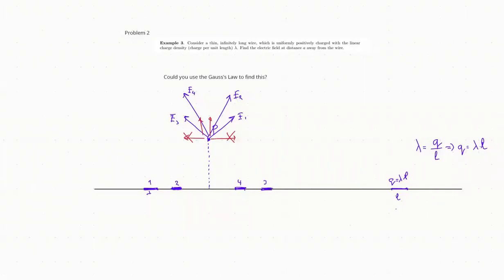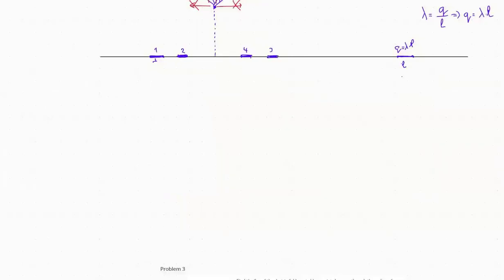Because the wire is infinitely long, if some part of the wire produces a horizontal component, there is a symmetrical piece of wire which produces a horizontal component in the opposite direction. That means the two horizontal components have to cancel out. So we only consider the vertical component of the field. Okay. So moving down.